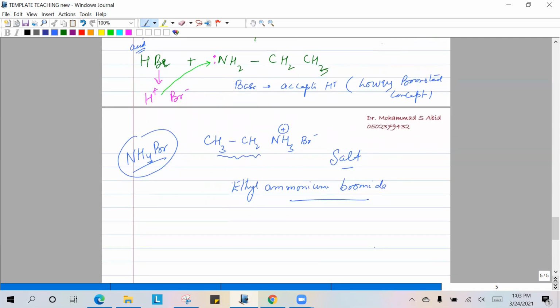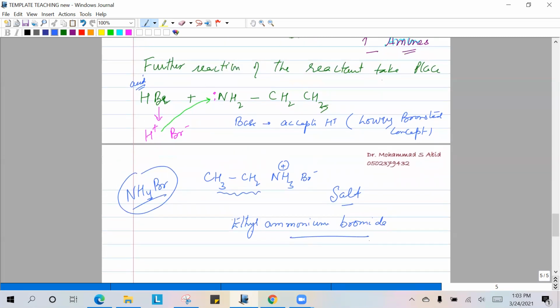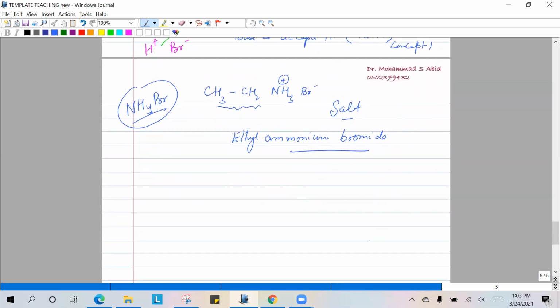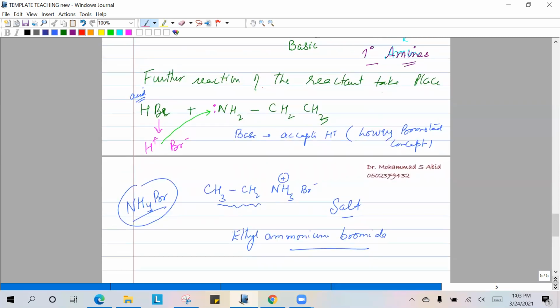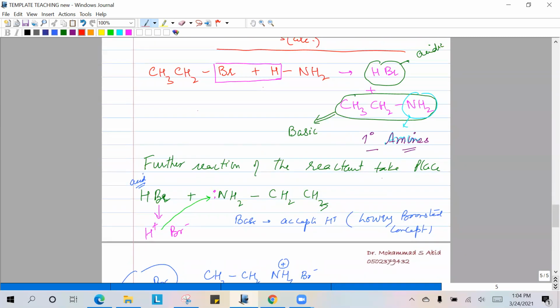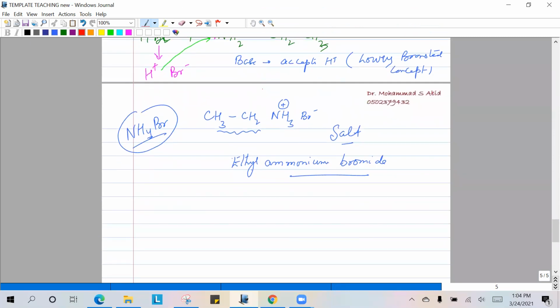So the overall reaction, what we have talked about till now, can be written as CH3, CH2, Br plus NH3. You are getting CH3, CH2, NH3 plus Br minus as a salt.